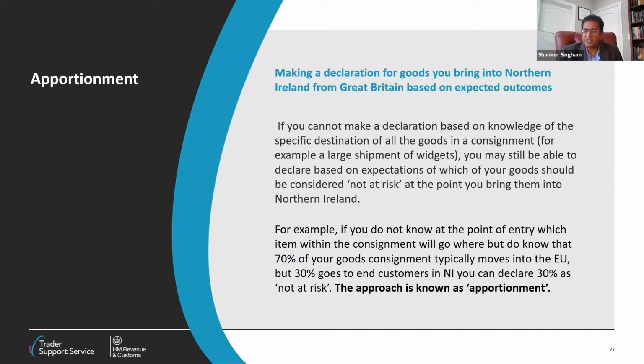But if it changes more drastically than that, you won't be able to use it. It's all about risk. It's all about convincing the EU that there's no risk that these products that are intended for Northern Ireland will end up in Ireland. And so we go to the next slide, please.